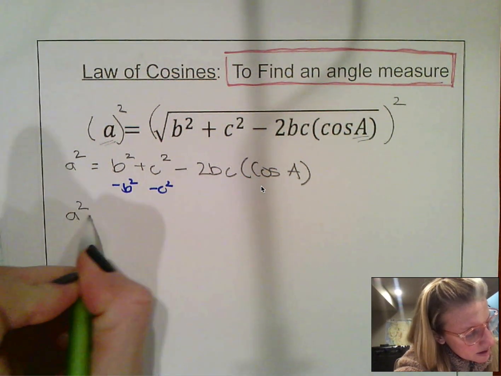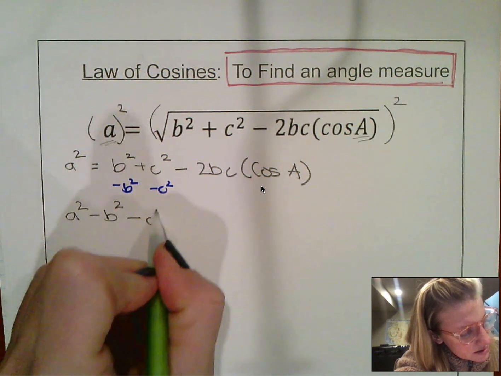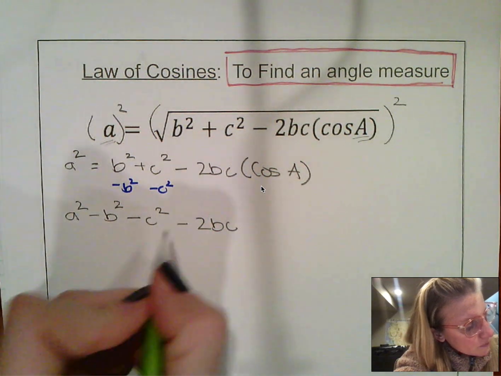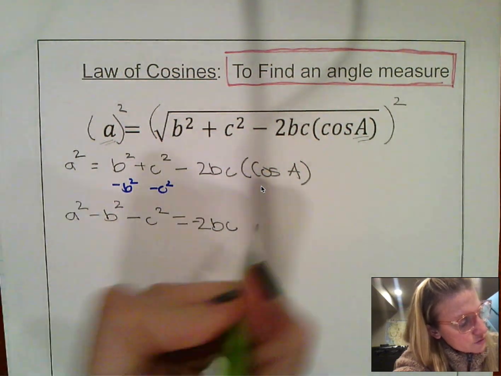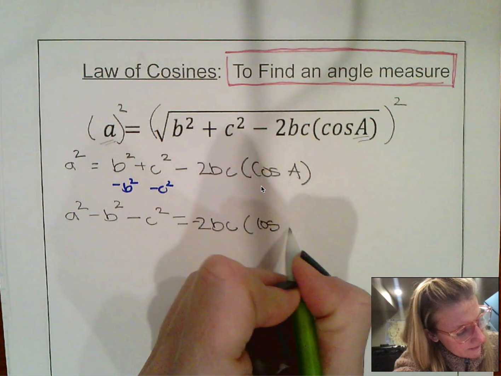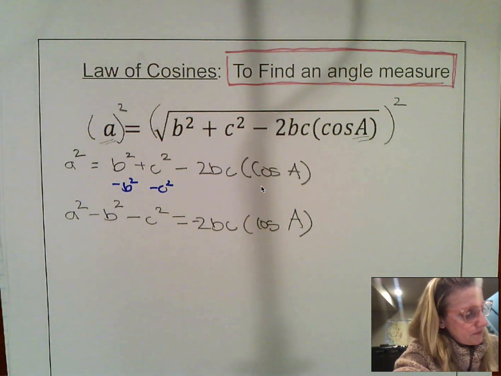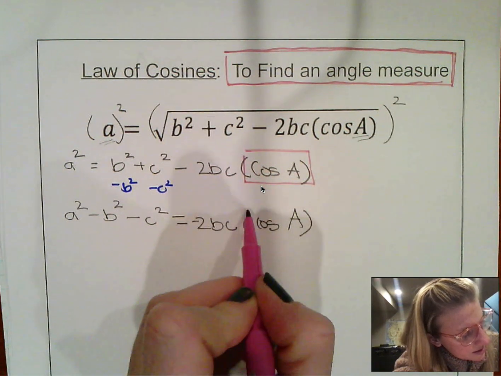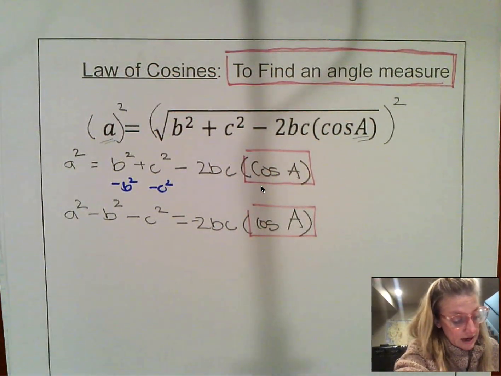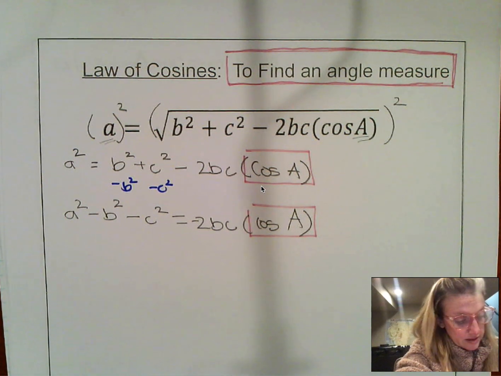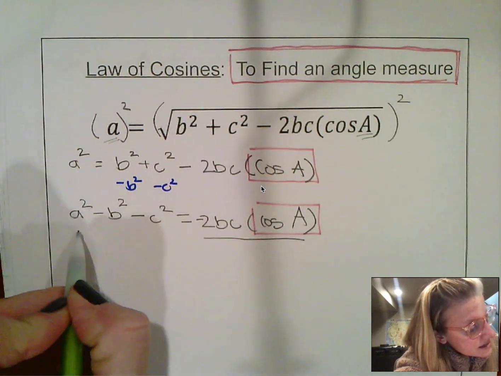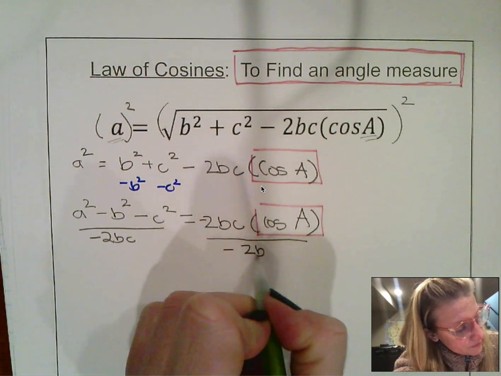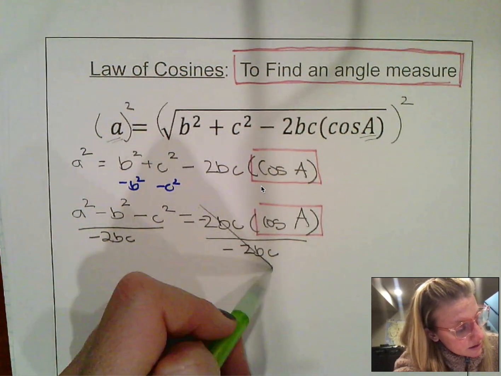So I have a squared minus b squared minus c squared equals a negative 2bc times the cosine of A. All right. Remember, our goal is really to get this alone. So we're getting a lot closer. So the only thing that's really left to do is to divide both sides by a negative 2bc, because they will cancel over here.